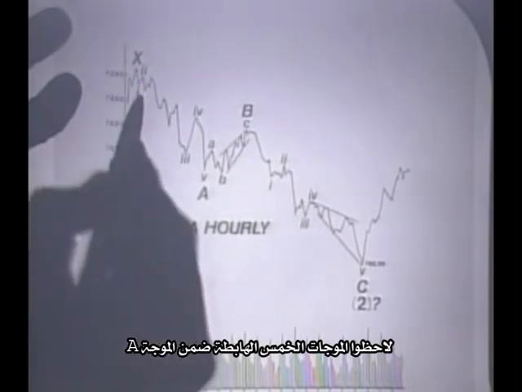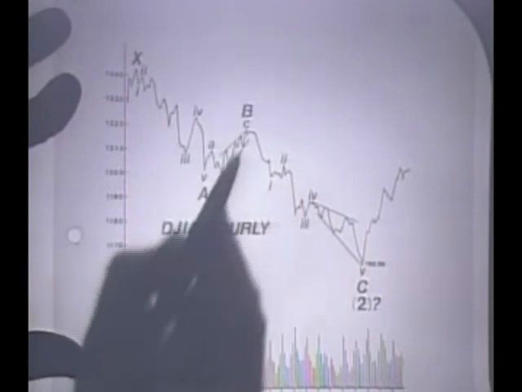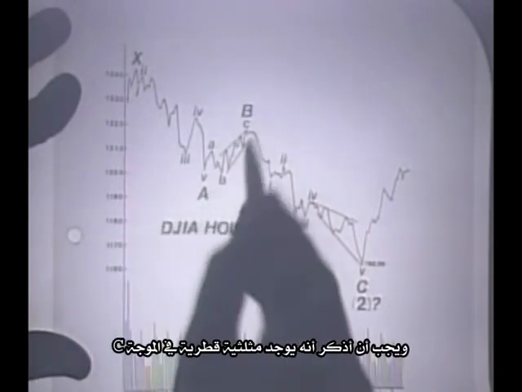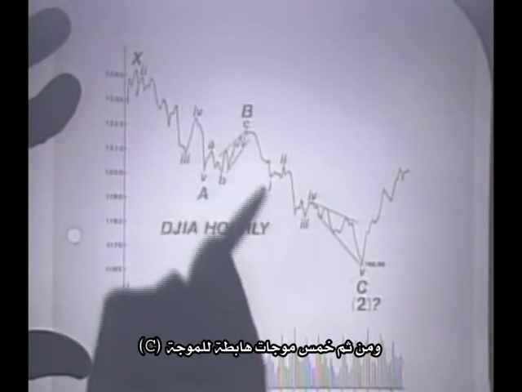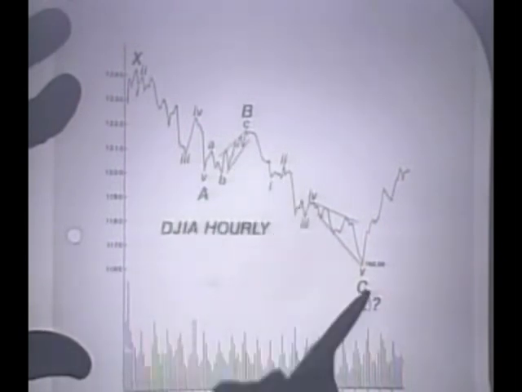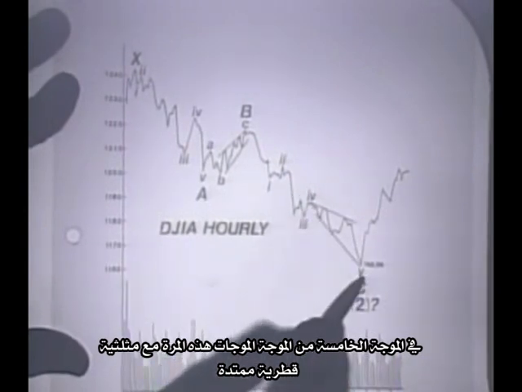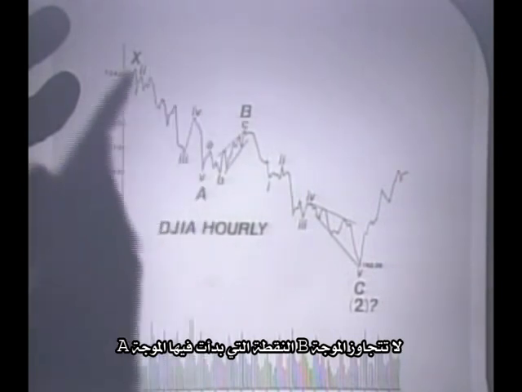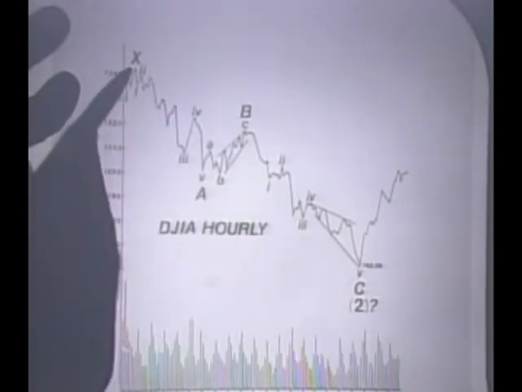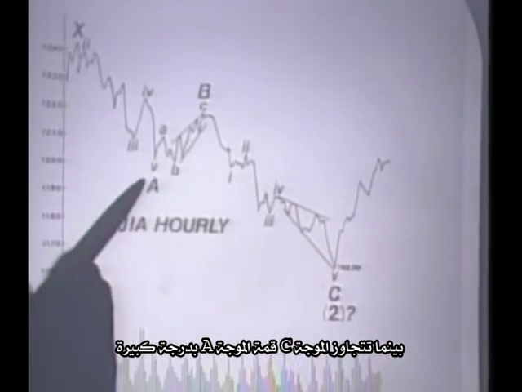Notice 5 waves down within the A wave, a 3-wave B, and I'll just mention the diagonal triangle occurring in the C wave of that pattern, and then another 5 waves down for the C wave with an expanding diagonal triangle, in this case in wave 5 of C. The B wave does not exceed the point at which the A wave began, and the C wave moves past the end of the A wave by a substantial amount.